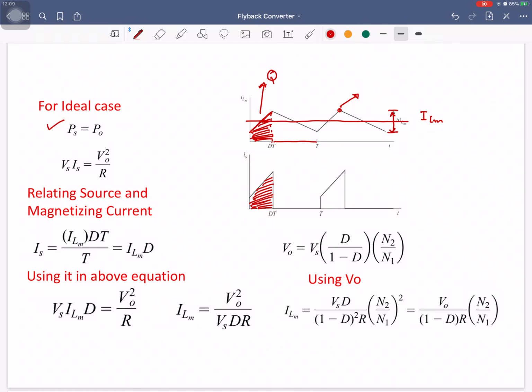The maximum value of the magnetization current will be equal to the average value plus delta ILM, the ripple current of your magnetization current, divided by 2, and the minimum current will be equal to ILM minus delta ILM divided by 2. So this is the maximum magnetization current, this is the minimum magnetization current, and this one is the average current.